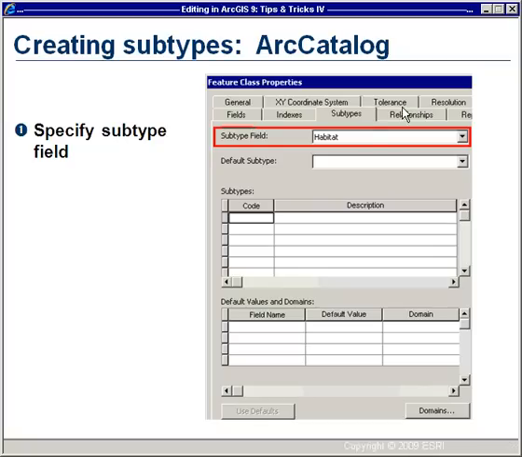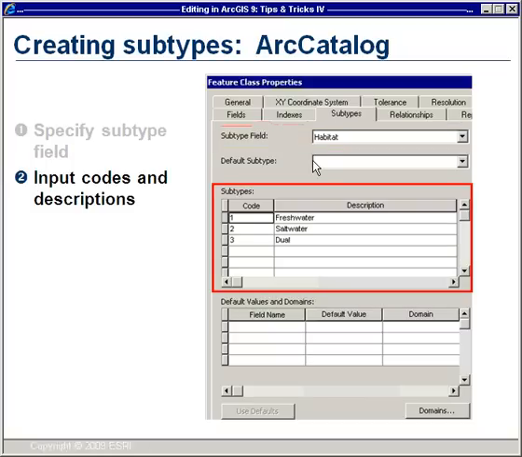On the graphic that you see here, I'm showing you the subtype tab, and I've chosen a habitat field with values 1s, 2s, and 3s to represent my subtype field. Next, you type in the actual code value and a description. Remember, the description is useful to your end user who's going to be using the table. They get that drop down during the edit session and it says, oh, is it a freshwater sighting? Is it a saltwater sighting? Or is it a dual water sighting? So they get to read the description rather than see the code.